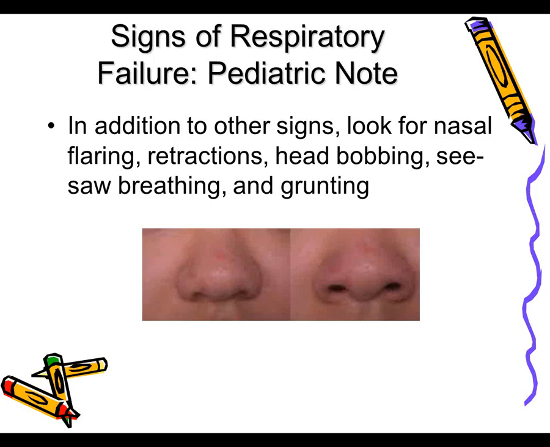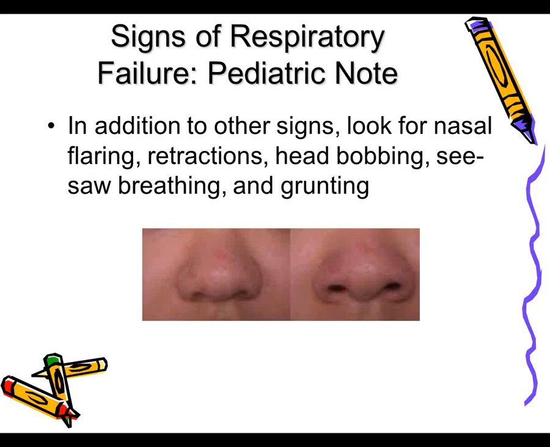So nasal flaring with an increase in respiratory rate is a very early indicator of respiratory distress. If they get working those muscles hard enough, you'll see intercostal retractions, you'll see muscles in the neck and the shoulders contract as they use those to help take a breath. By using those muscles, every time they take a breath, it may pull their little head down. So you may see some head bobbing.